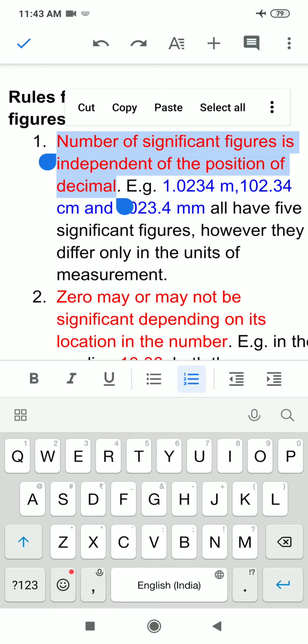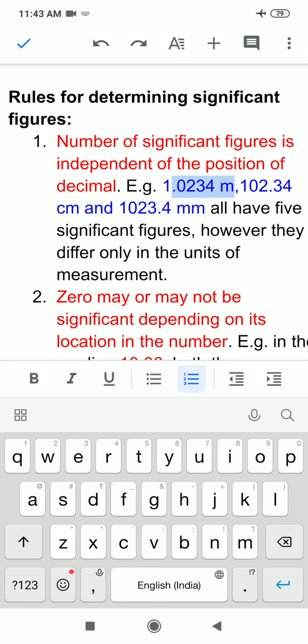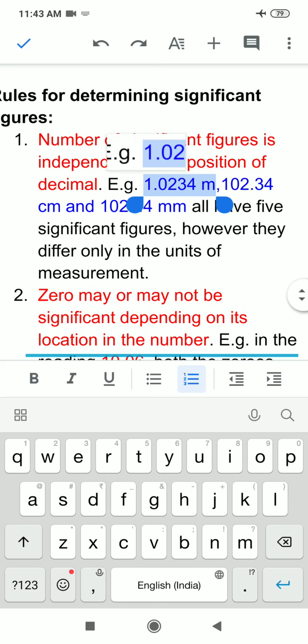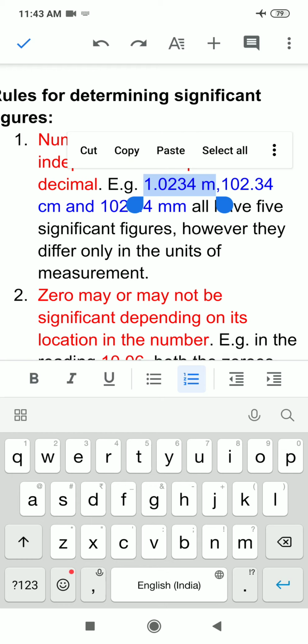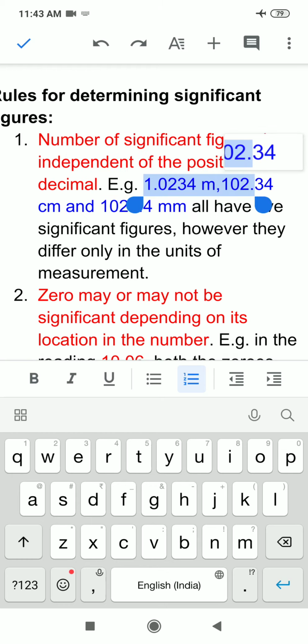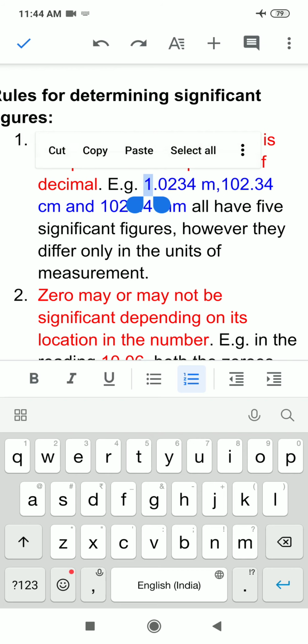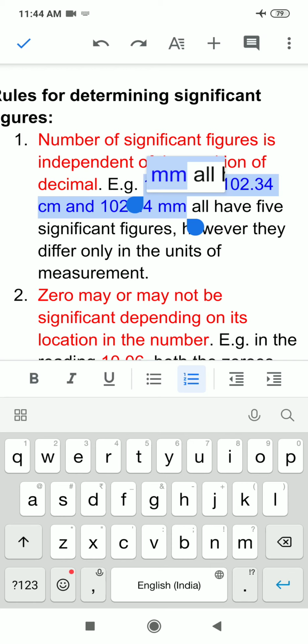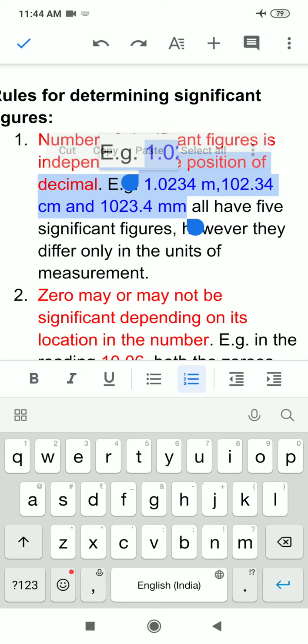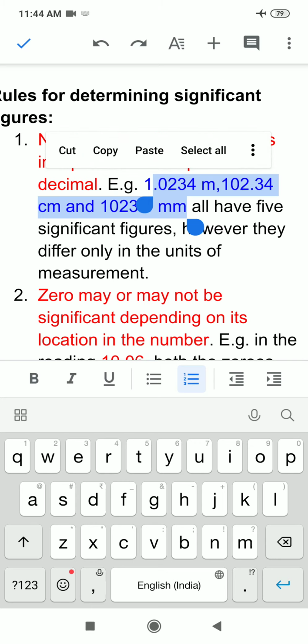Now suppose I am having readings of a measurement in three different units like meter, centimeter and millimeter, and if my value is 1.0234 in meters, I can express it in centimeter as 102.34 centimeters, and in millimeters it will be expressed as 1023.4 millimeters.